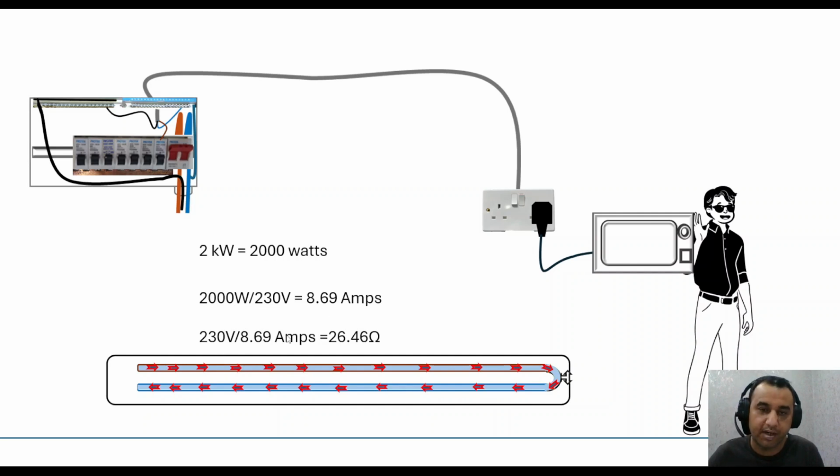To get the resistance of this microwave, we divide 230 volts by 8.69 amps, and we get 26.46 ohms. I've put this on there just to give you a bit more explanation.